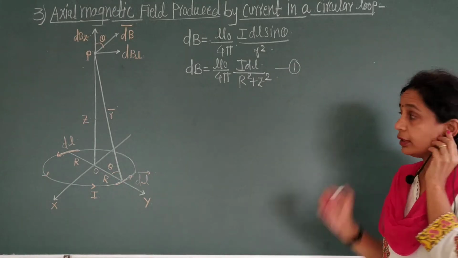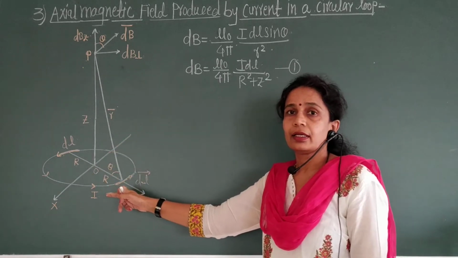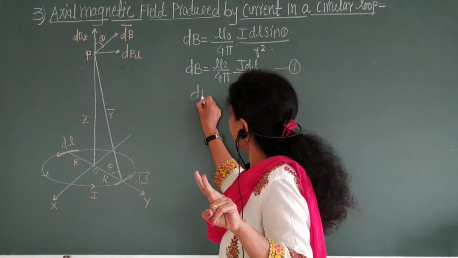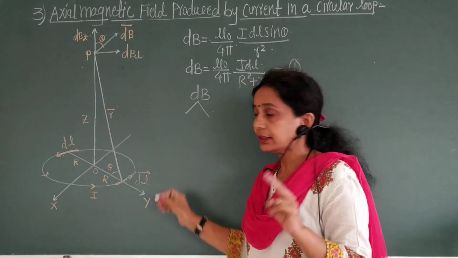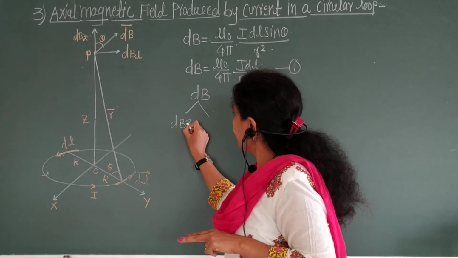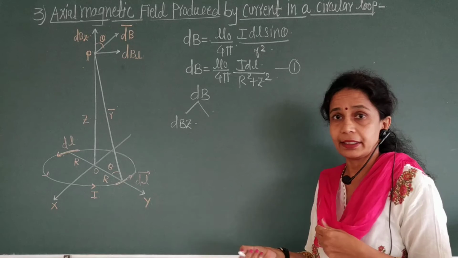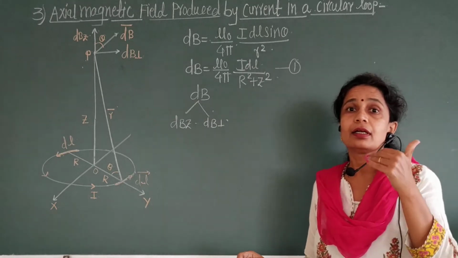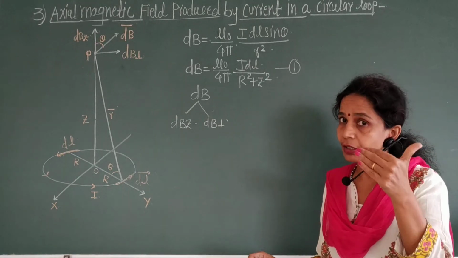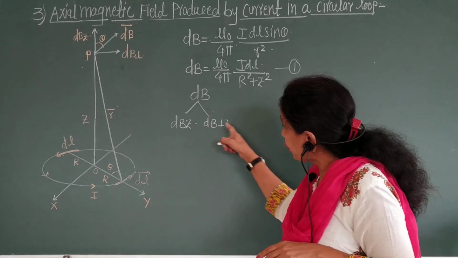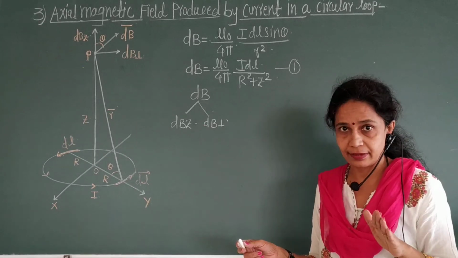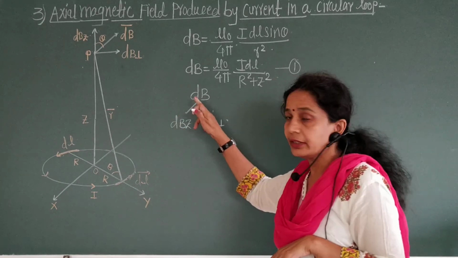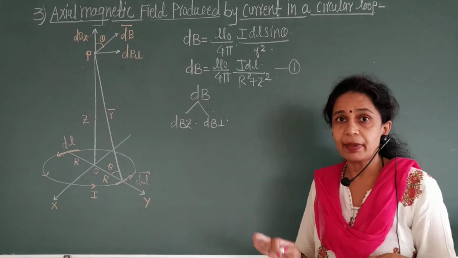Now, this dB, the magnetic field, is resolved into two components. First one is dBz, the z component of the magnetic field, and next is dB perpendicular, the component which is perpendicular to the z axis. The component perpendicular to the z axis is cancelled out due to symmetry, and only dBz remains.